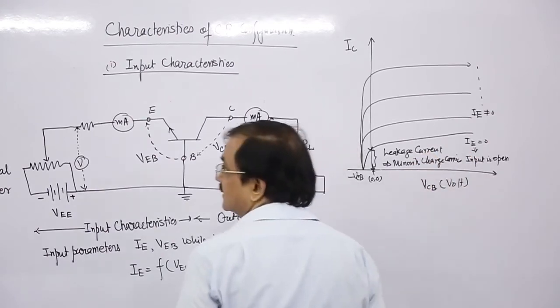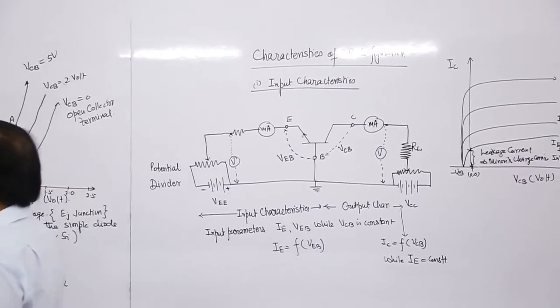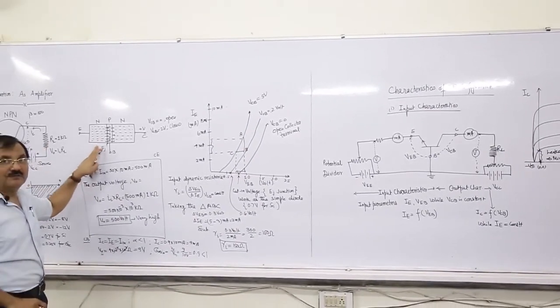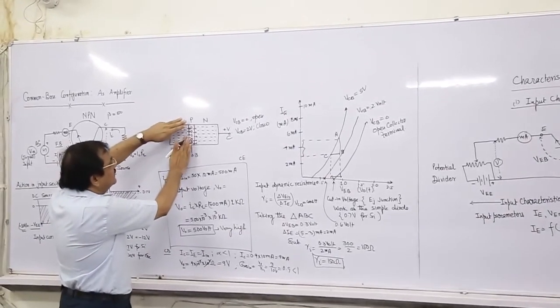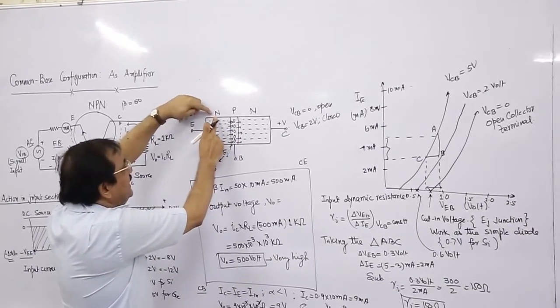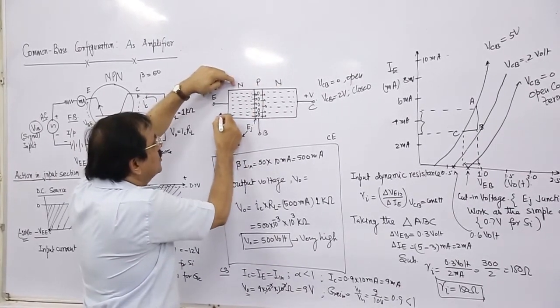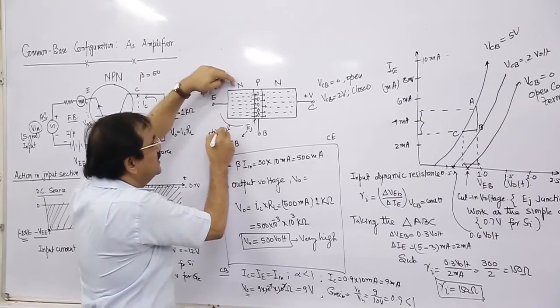From where is this leakage current coming out? It is coming from this section. If this section is NPN, this part is open.